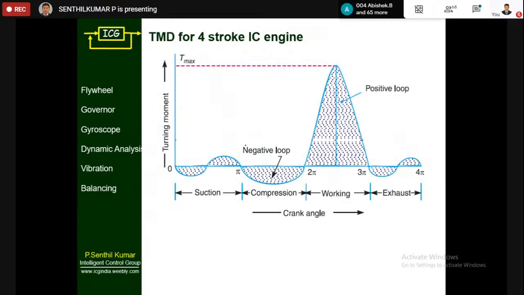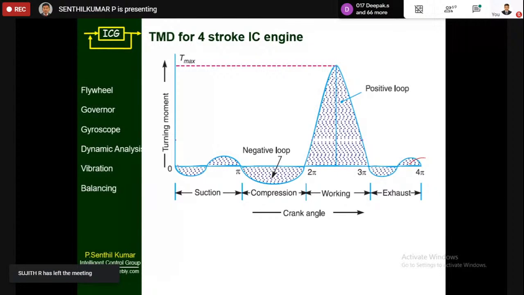Okay, this is a turning moment diagram for an IC engine. Before that, what is the purpose of a flywheel? Do I need a flywheel for a fan? No, you don't need a flywheel for a fan. Let's see what happens when I have a flywheel in an engine, and what happens when I don't. Take this engine turning moment diagram.